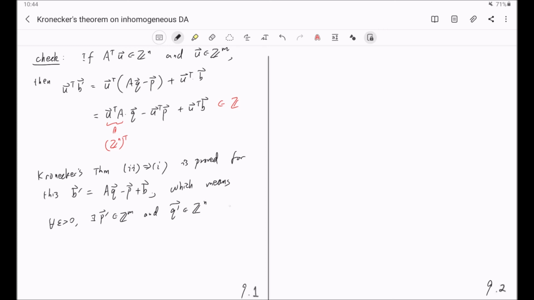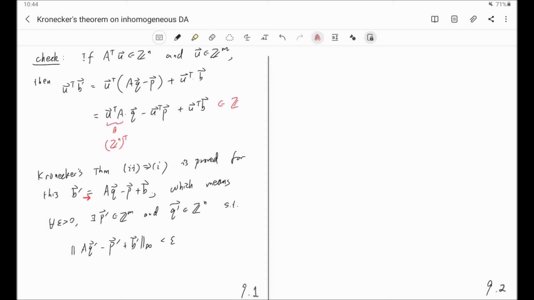such that A q prime minus p prime plus b prime has the maximum norm less than epsilon.